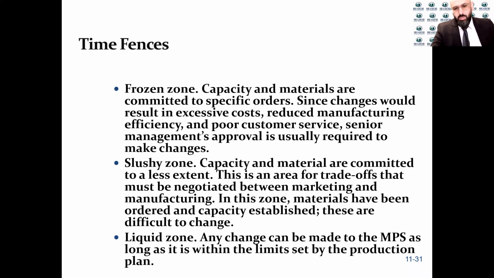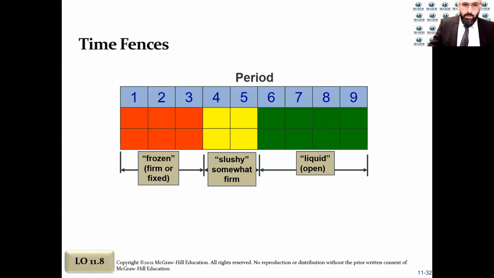Then the liquid zone, where you could make any change to the MPS as long as it is within the limits set by production. Here's a graph that will help you look into these three zones: the frozen zone, the slushy, and the liquid. So the closer you are to the deadline, the harder to change, and the farther from the deadline, the easier.